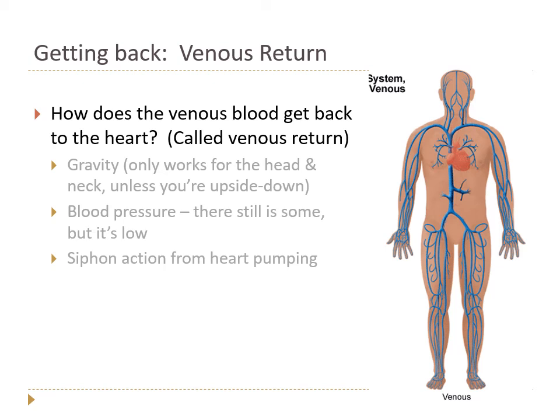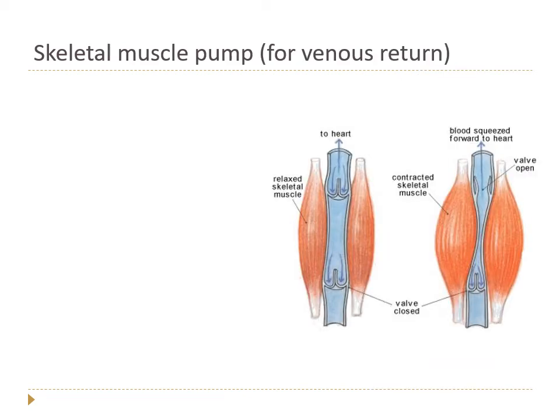Our cardiovascular system is a closed circuit of tubes, so there is a little bit of siphon action as the heart pumps, but again, that contribution is relatively small. There are two important pumps, we call them pumps even though they're not actual pumps, that help us with venous return: the skeletal muscle pump and the respiratory pump. We're going to talk about each of these in turn.